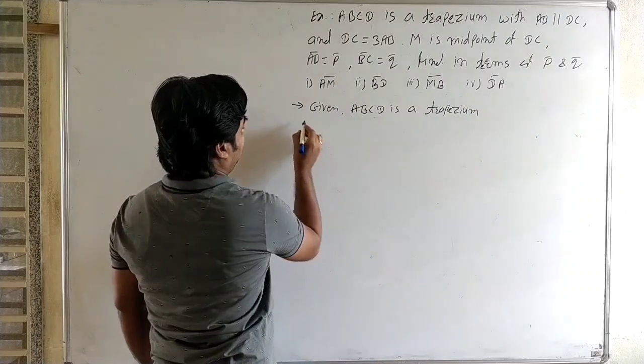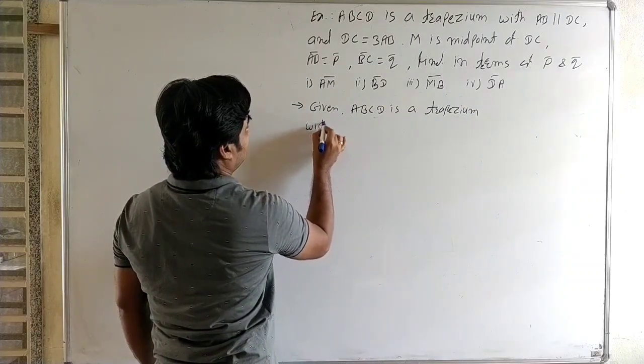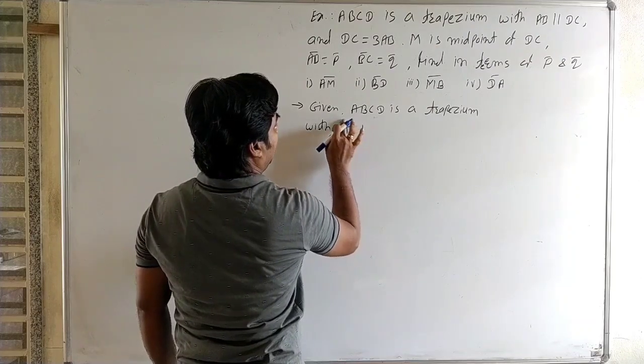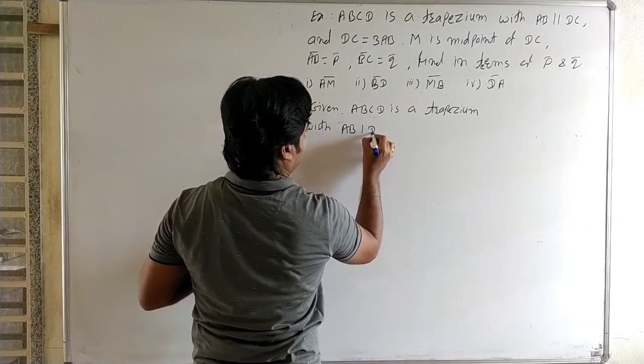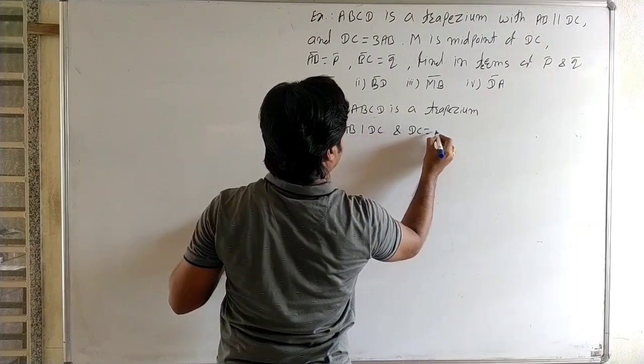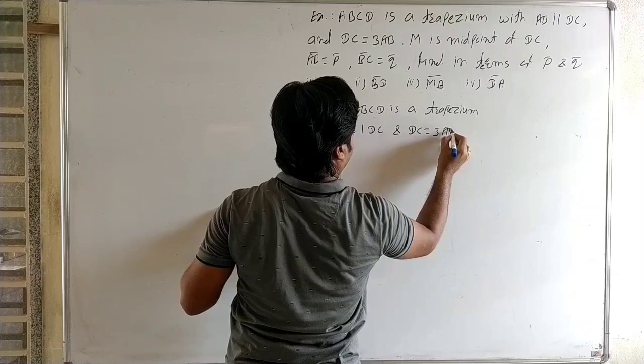ABCD is a trapezium with AB parallel to DC and DC is equal to 3AB.